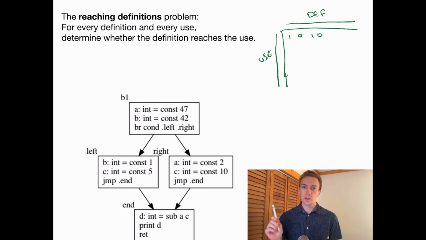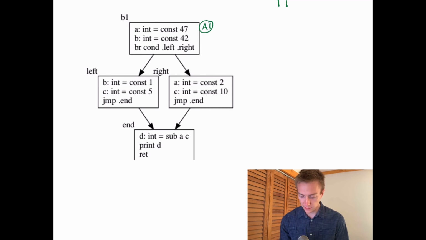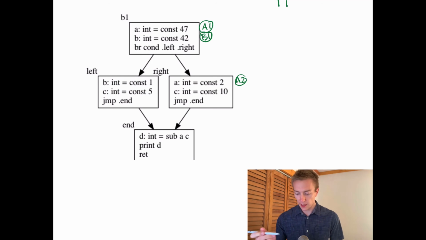I want you to solve this analysis by hand for the example that we've seen so far. You can come up with names for every definition. So let's call this A1 because it's the first definition of A, and this is A2, and this is B1. Then look through all of the uses, that is, every instruction that uses variables.